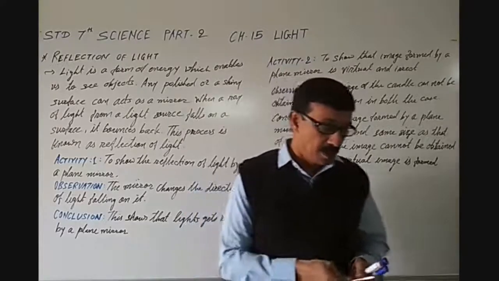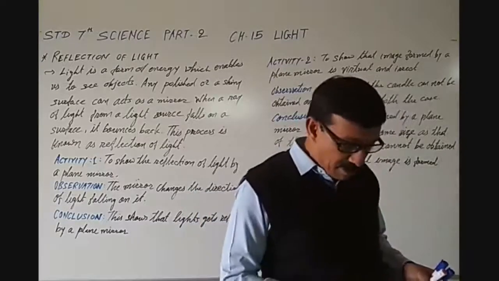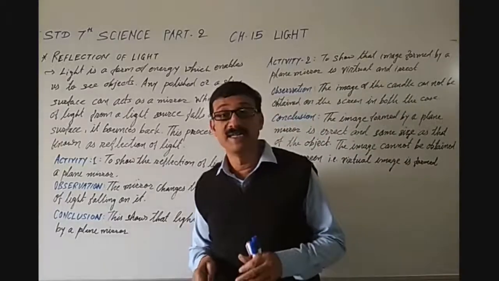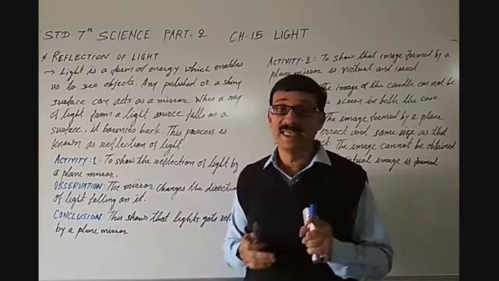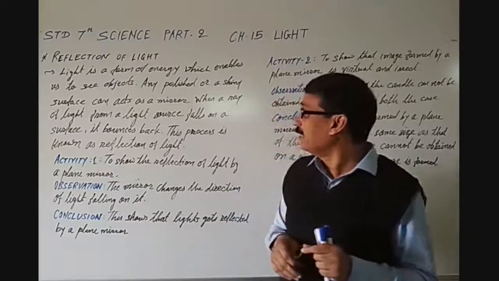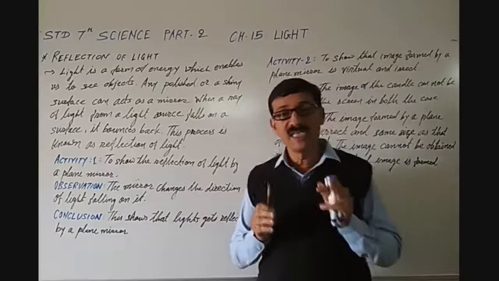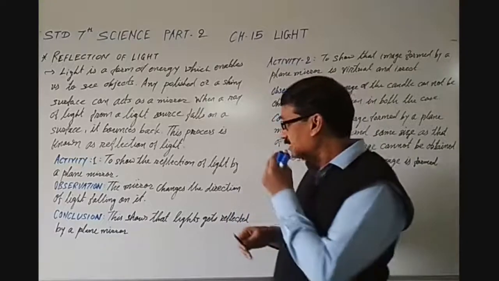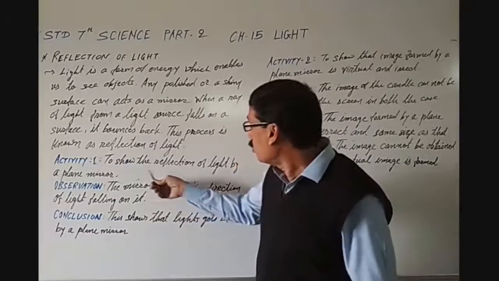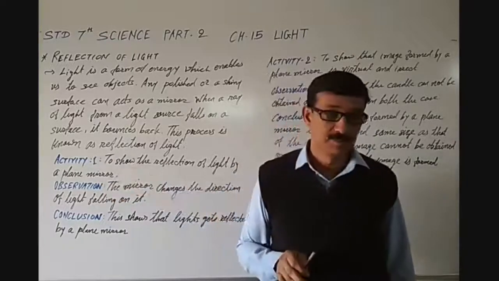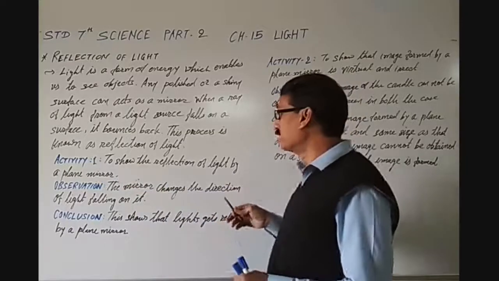Now, open page number 175, on which there is Activity 1. What is the aim of this activity? The aim of this activity is to show the reflection of light by a plane mirror. So in this activity we will use a plane mirror.